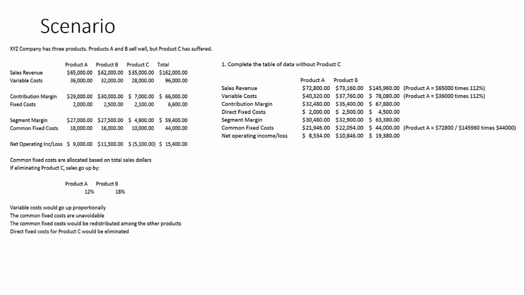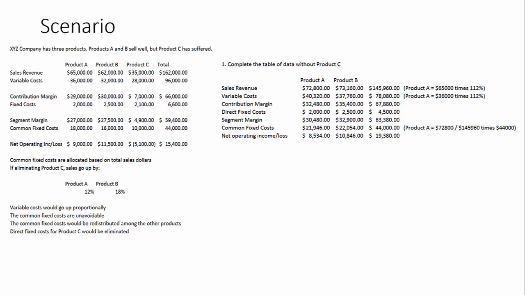So as you look at sales revenue, what has been done here is, for example, product A, you would take $65,000 in sales revenue, multiply it by 112% or 1.12. That gives you the new sales revenue of $72,800.